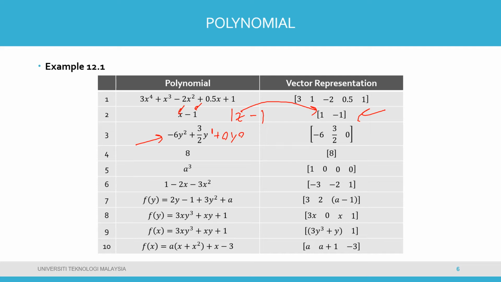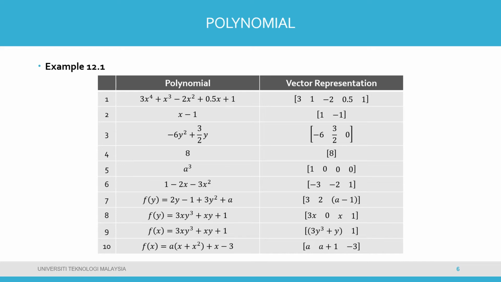So for this case, you have to write something like this. And make sure you cannot skip the order. If you have y squared, you need to consider the y1 and y0. That's why this one will become 0. So negative 6, 3 over 2 and 0. So be careful when you want to convert the polynomial into a MATLAB vector.